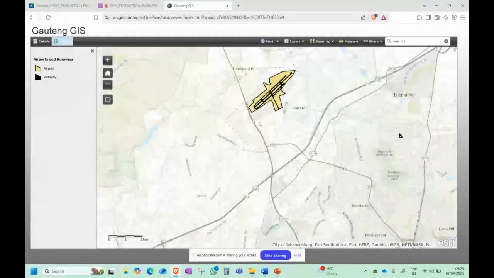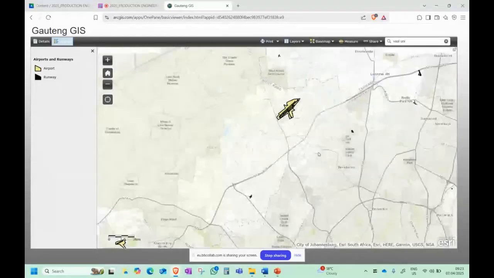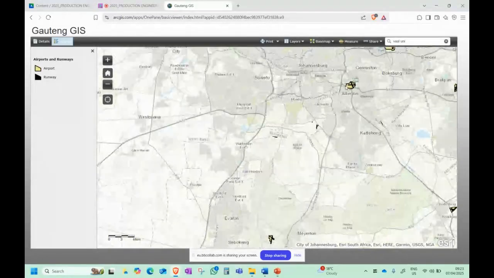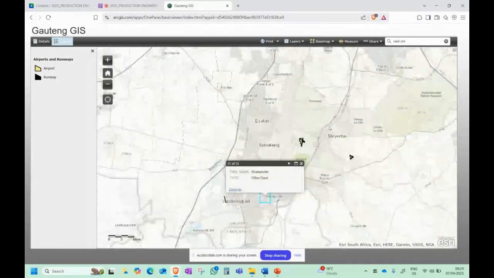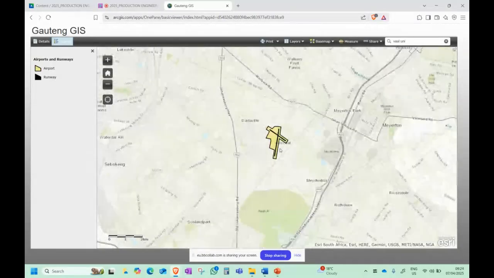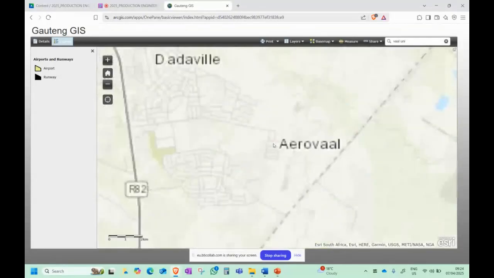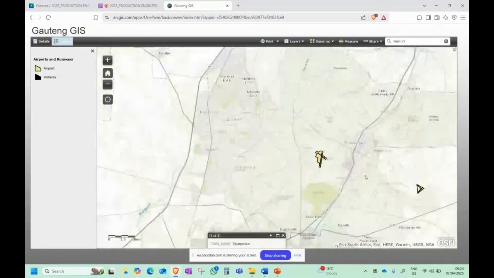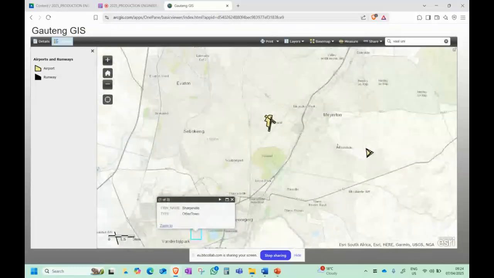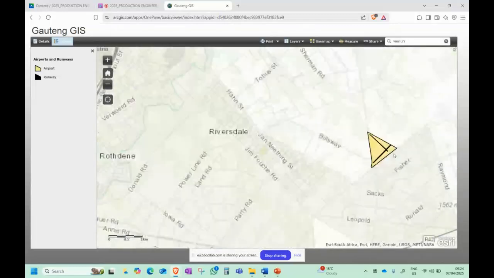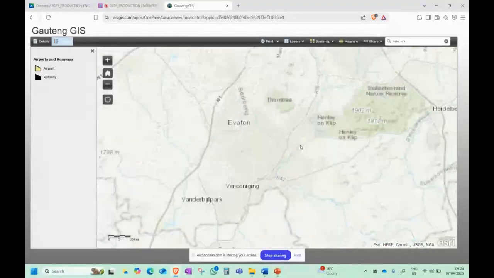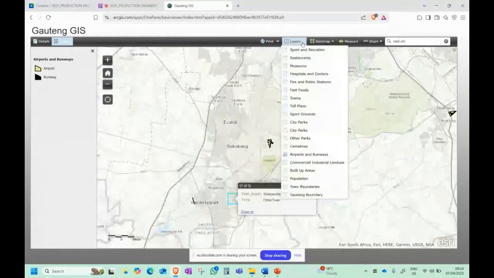Is it Lanseria Airport? And if we were to go to the south, around Sebokeng, there's another small airport there, Airoval. That's another one there. So as you can see, this is helping you to see certain things that you never thought you had.